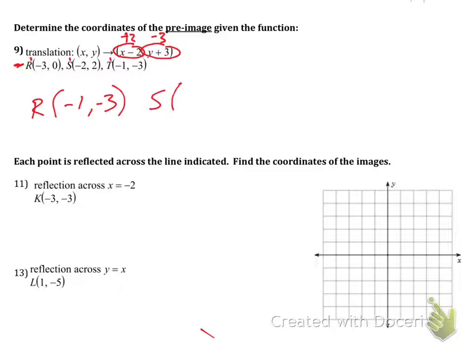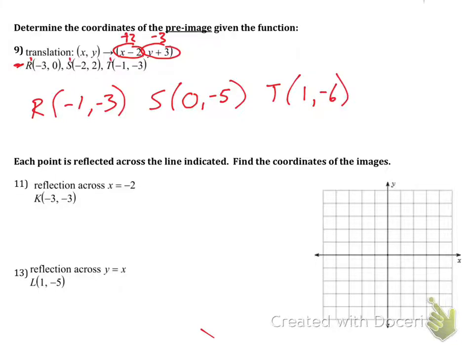S is going to be equal to (0, -5), and then T is going to be equal to (1, -6).